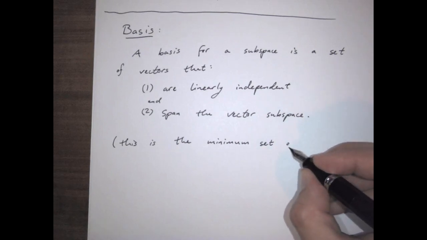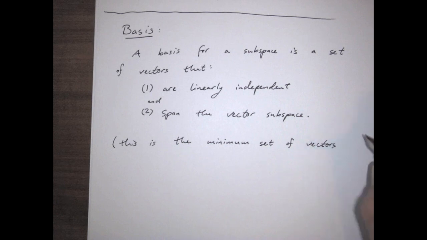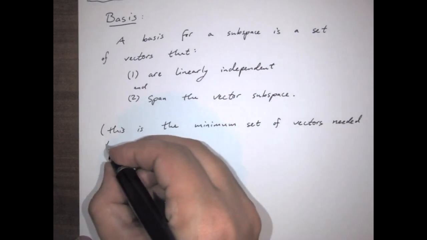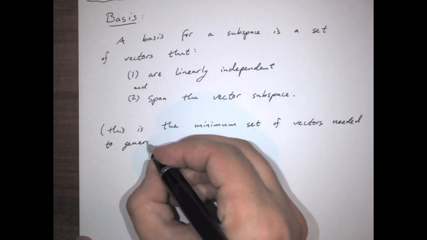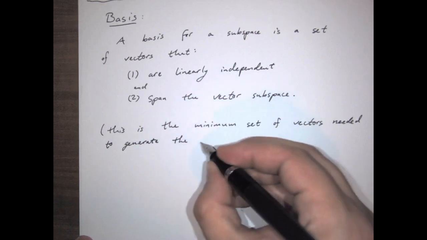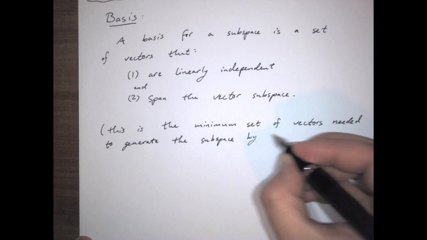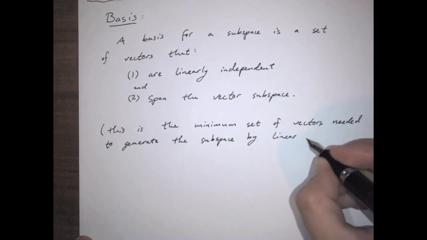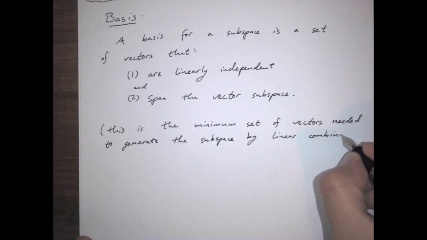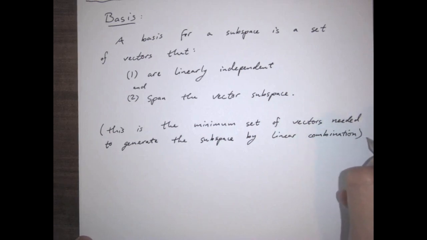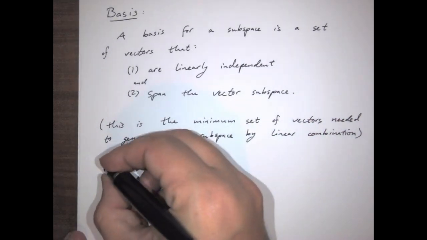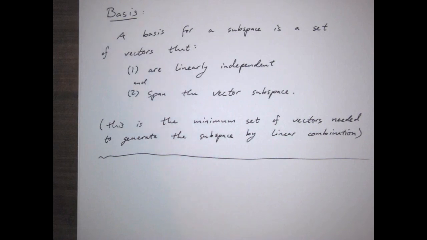It's the minimum set of vectors needed to generate the subspace by linear combination. So that's what the meaning of a basis is. In some ways, it is the sort of bare bones, most basic set that you could make that will still manage to span the space.